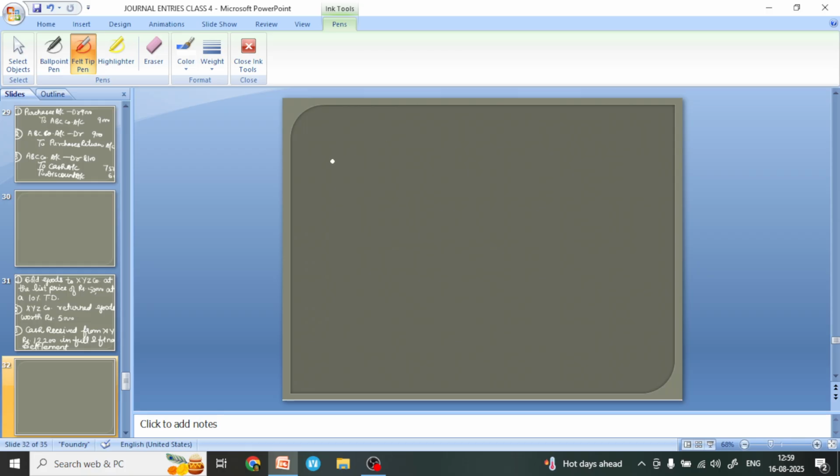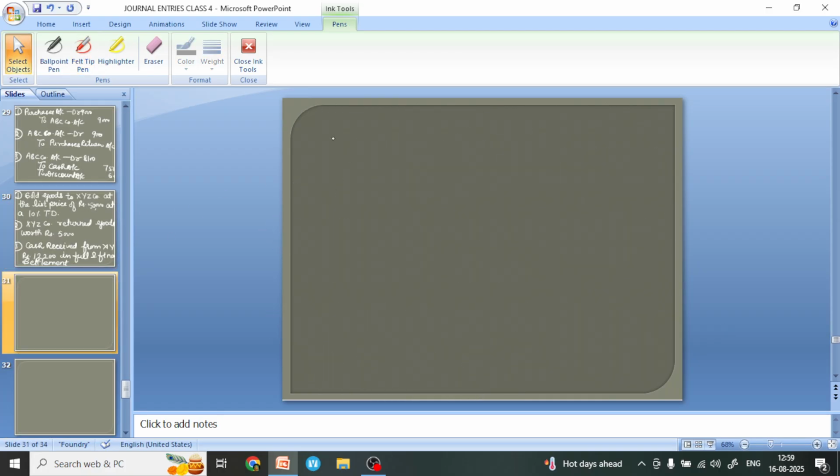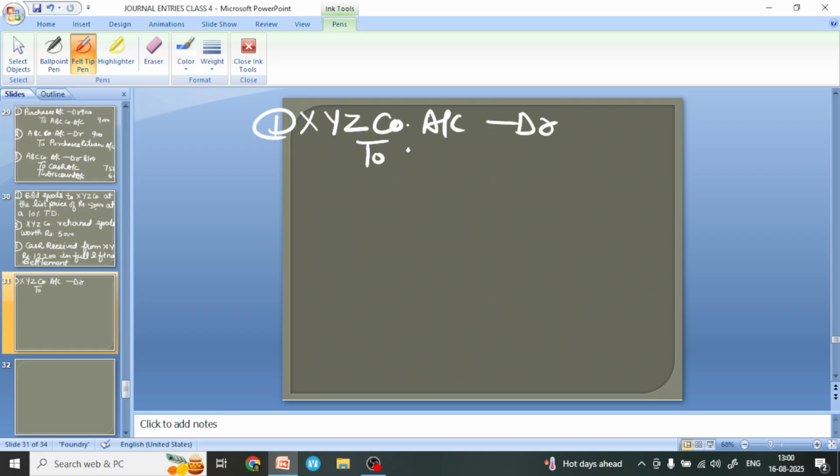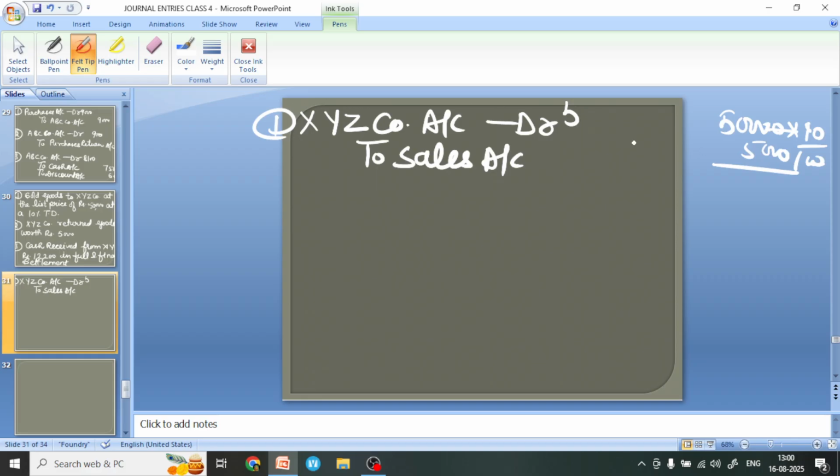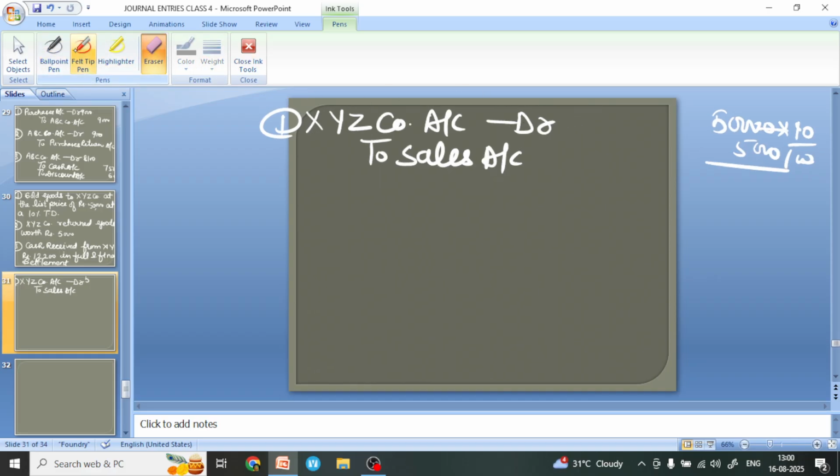Now entry first, XYZ company account debit to sales 50,000, 10% trade discount, and the remaining amount will be 45,000.